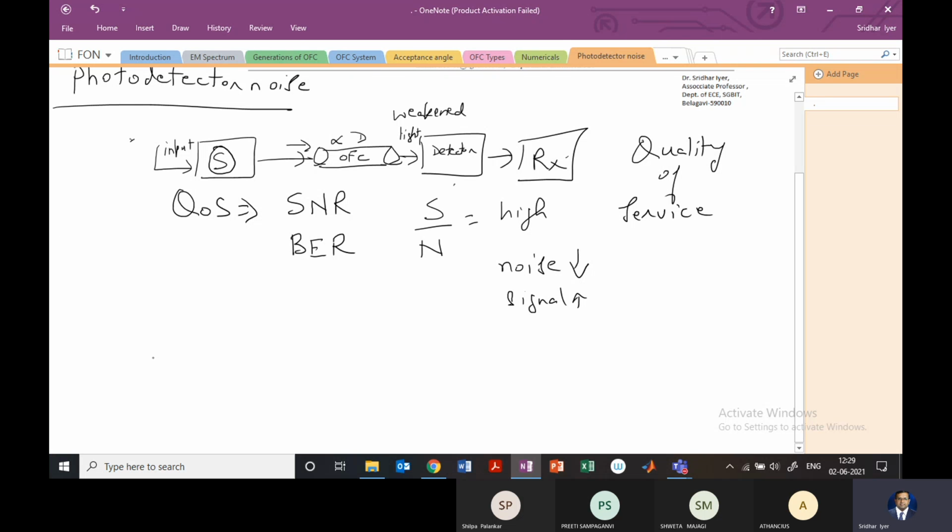So just to give you a glimpse of how this circuitry will look like. So you have the fiber, right? I'm not drawing the source part. This is the source. From the fiber you get the light, and this light is going to fall.